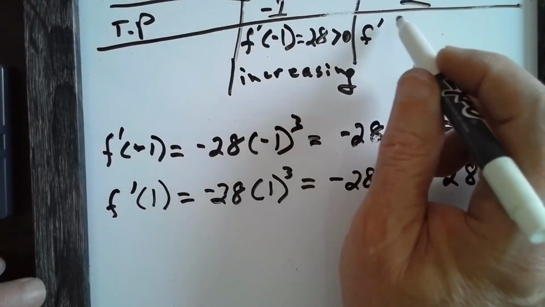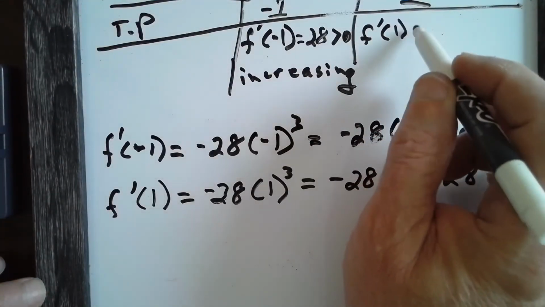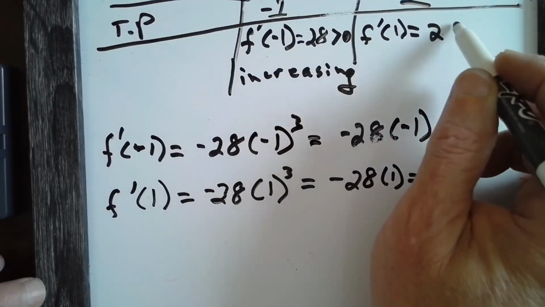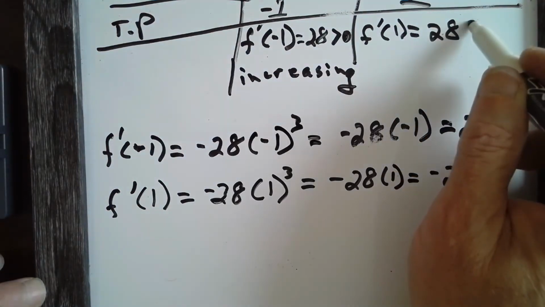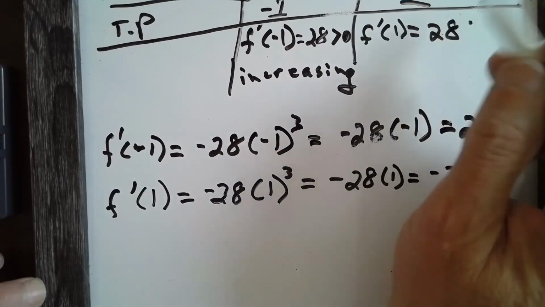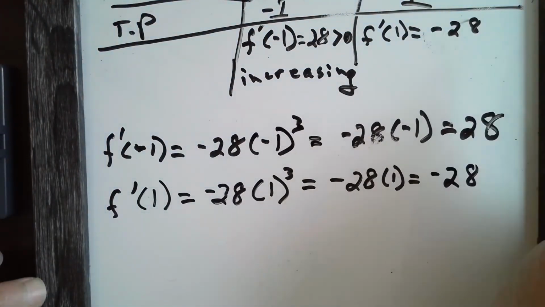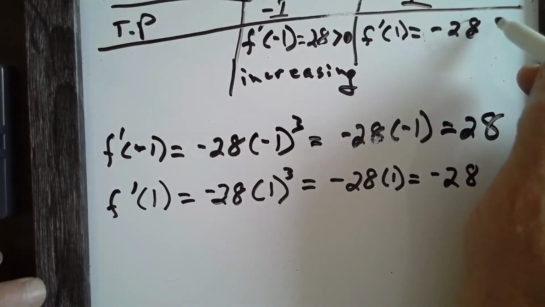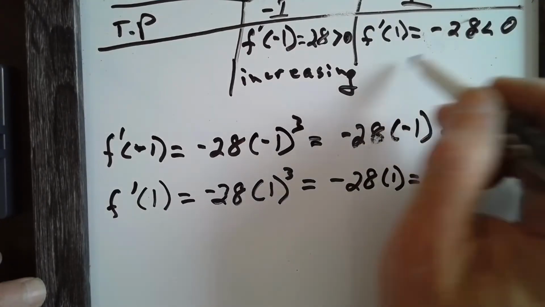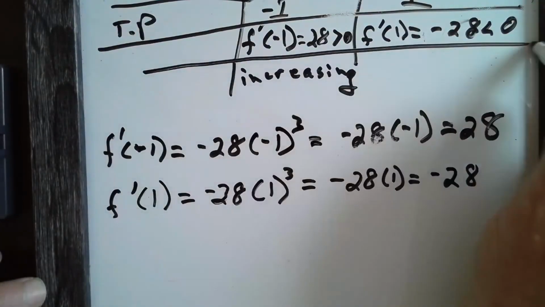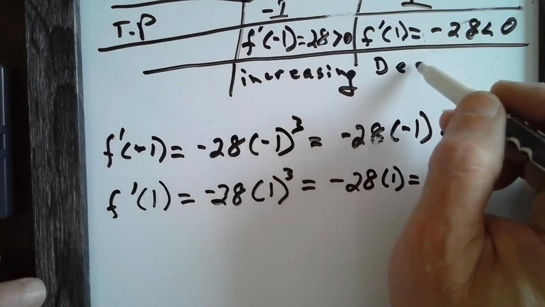So f prime of +1 equals negative 28. And so that's less than 0, and so that is decreasing.